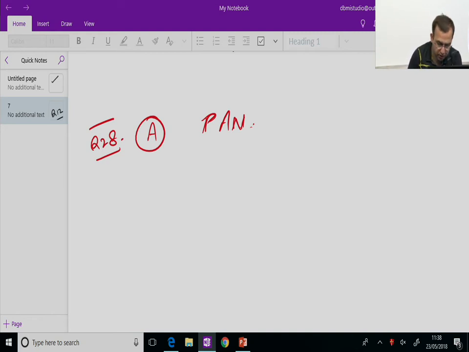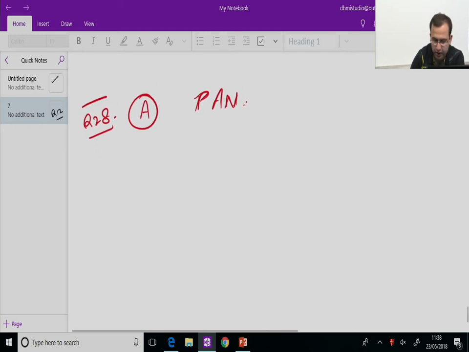This is a vasculitis. So let us see PAN in detail.